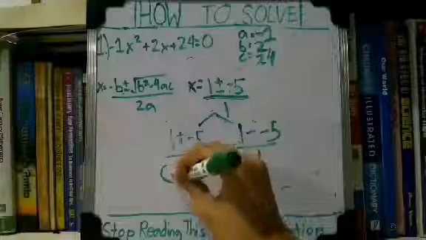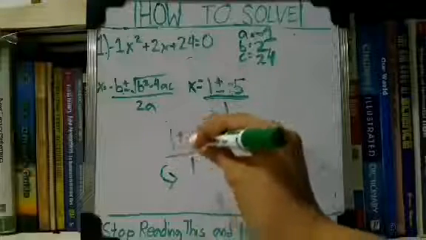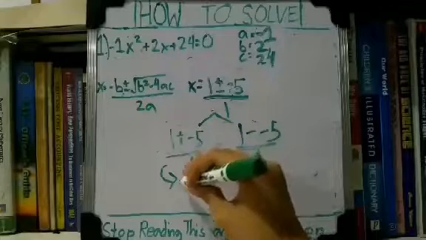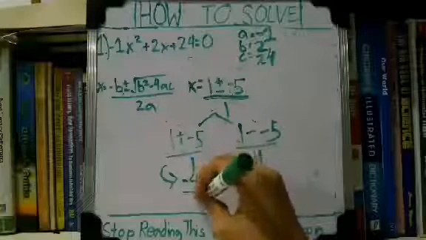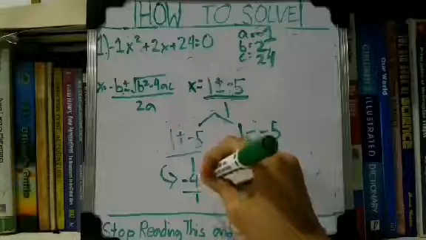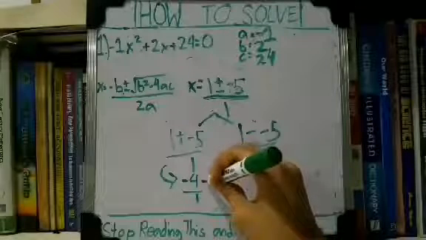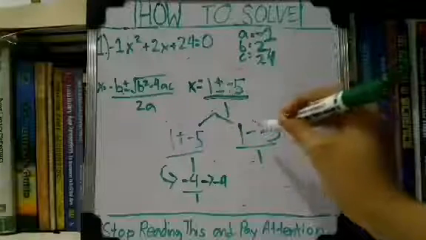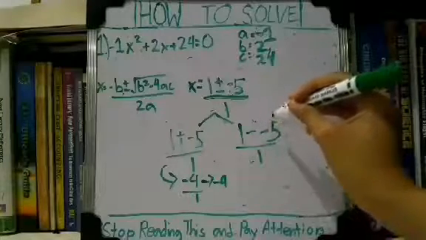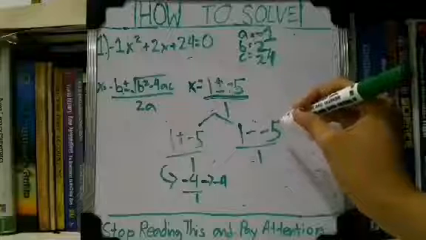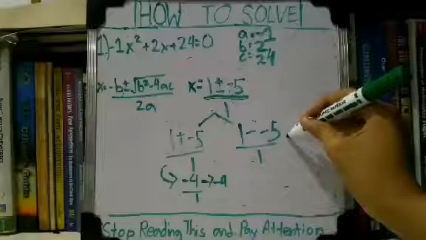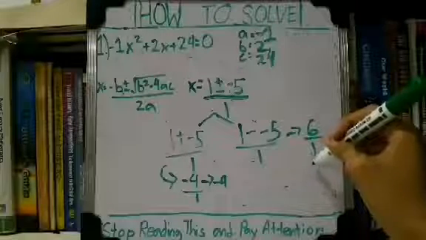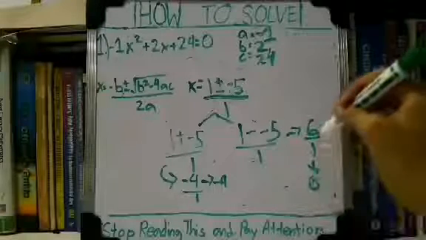So for the first equation, we have 1 plus negative 5. This is equal to, obviously, negative 4 over 1. And since dividing by 1 always ends up in the same number, it just ends up as negative 4. And in the other equation, 1 minus negative 5, that answer is simply positive 6. And positive 6 over 1 is, well, 6.